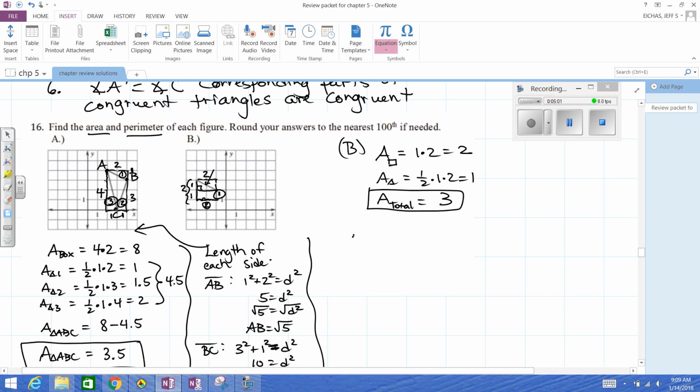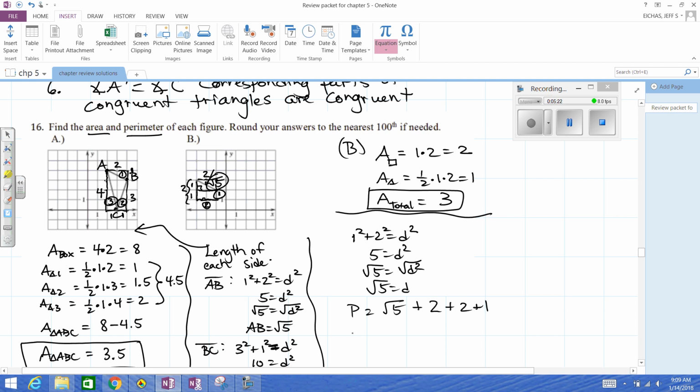Right there. So that's going to be 1 squared plus 2 squared. So for that odd one here, that's square root of 5, that length. So then for perimeter, we're going to take square root of 5, and add it to all those other ones, 2 plus 2 plus 1.